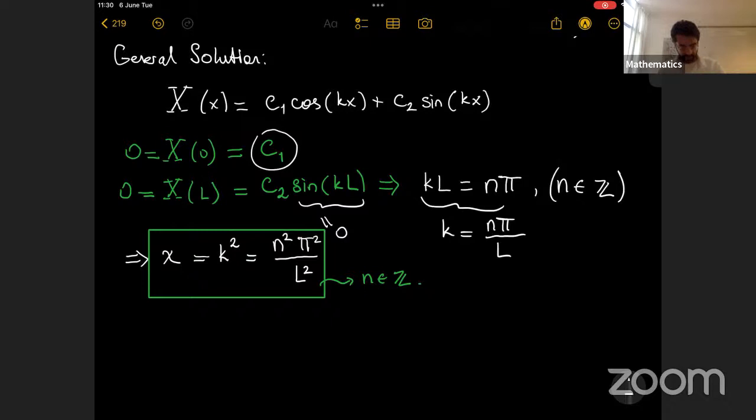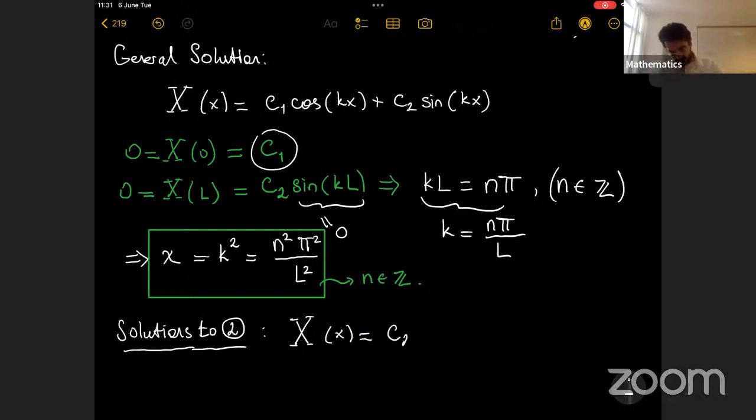So the solutions to number 2, these are X. C1 was 0. C2 is an arbitrary number. It can be any number you take.